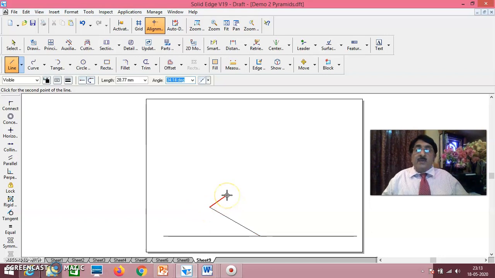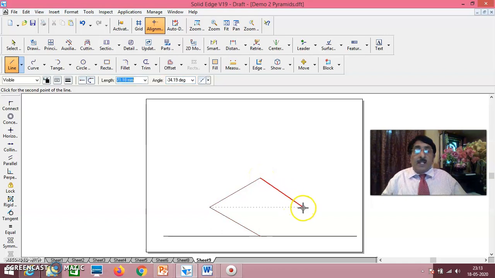Okay, this you take, this is 80 again, 80 at angle 30 you take. Okay, you wait for the alignment indicator, you can finish off.